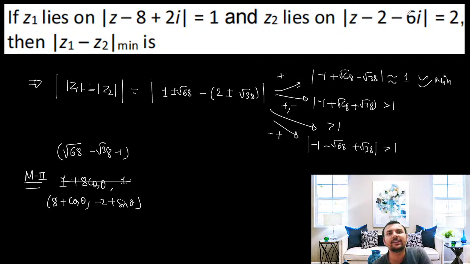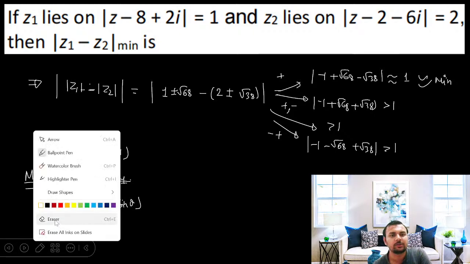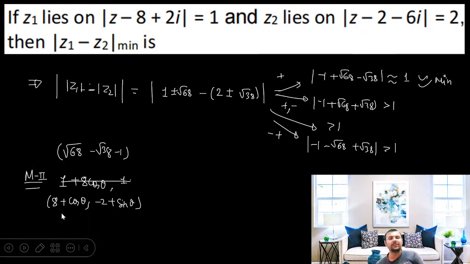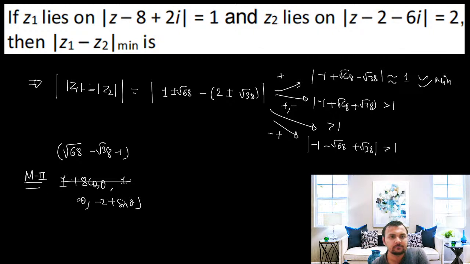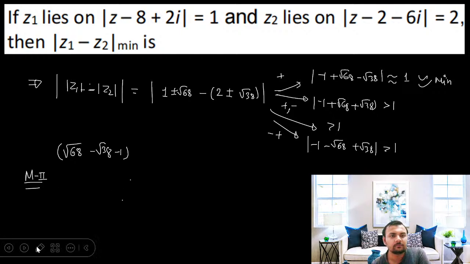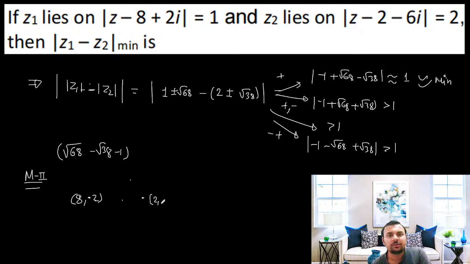So what can happen? We can find the distance between their centers. So first we will have to go with the pictorial way. The second way is the pictorial way. One center is 8 comma minus 2 and the second center is 2 comma 6.